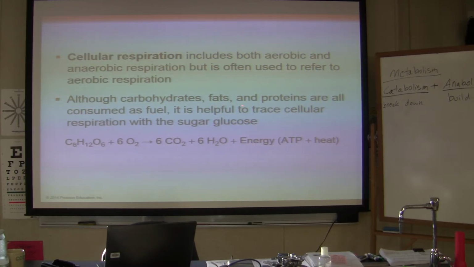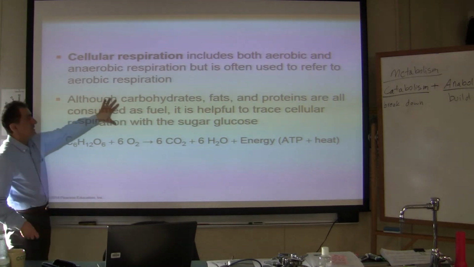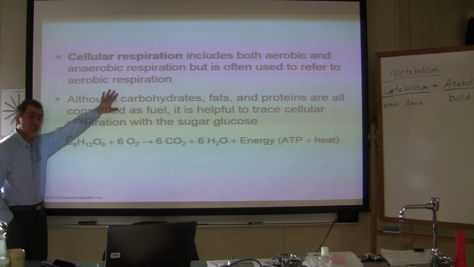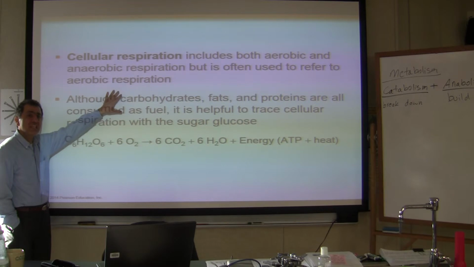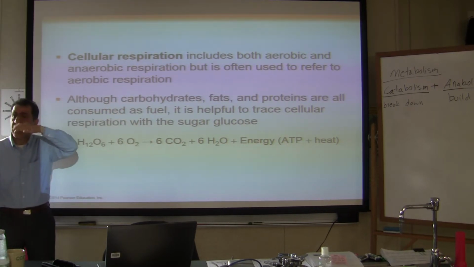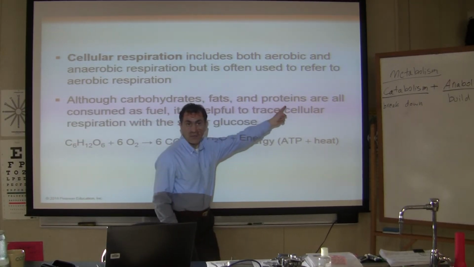Although carbohydrates, fats, and proteins are all consumed as fuels, it is helpful to trace cellular respiration with the sugar glucose molecule first. So this is a true statement. You will see at the end of this chapter that the steak, the egg you had this morning had protein, right?